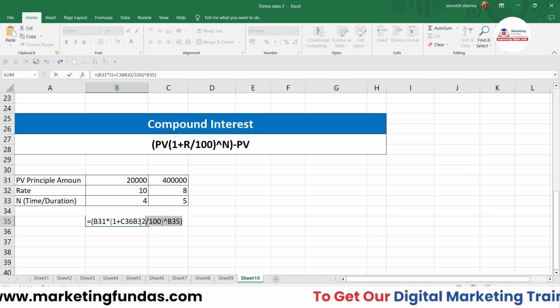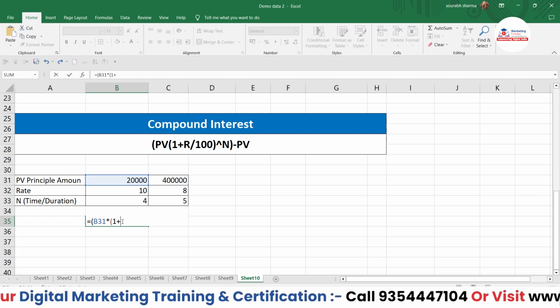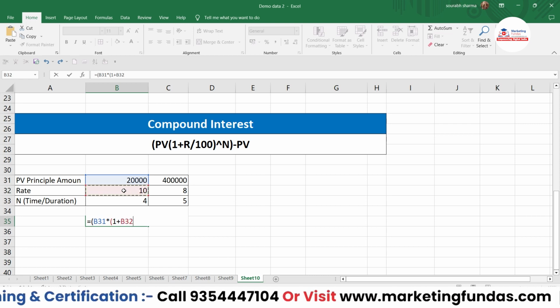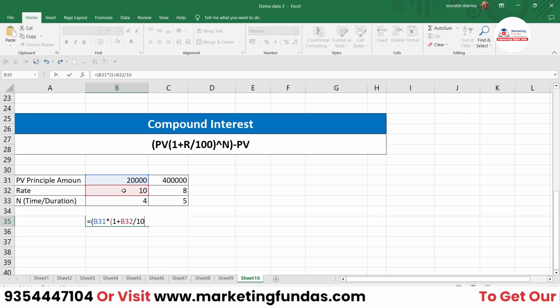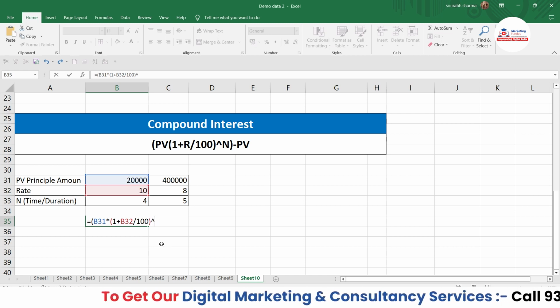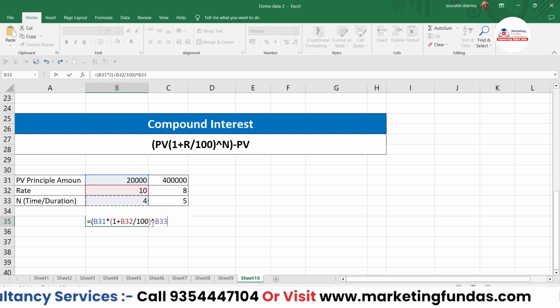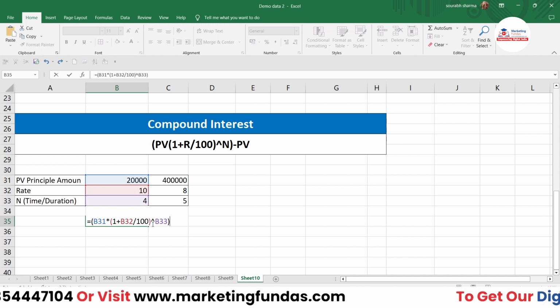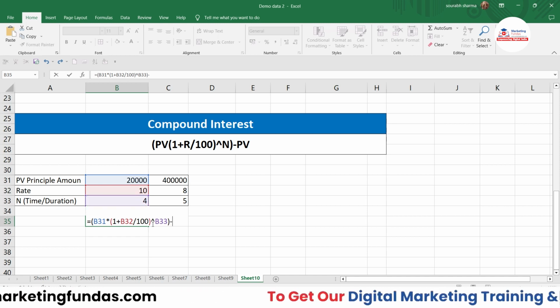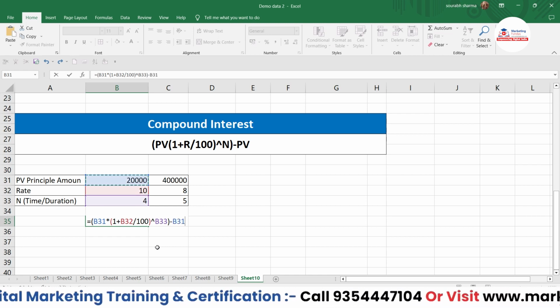Now let me do this again, plus 1, then rate of interest divided by 100, bracket close, then apply power, and then you have to select the duration, time frame, then bracket close minus principal value again, and just hit enter.